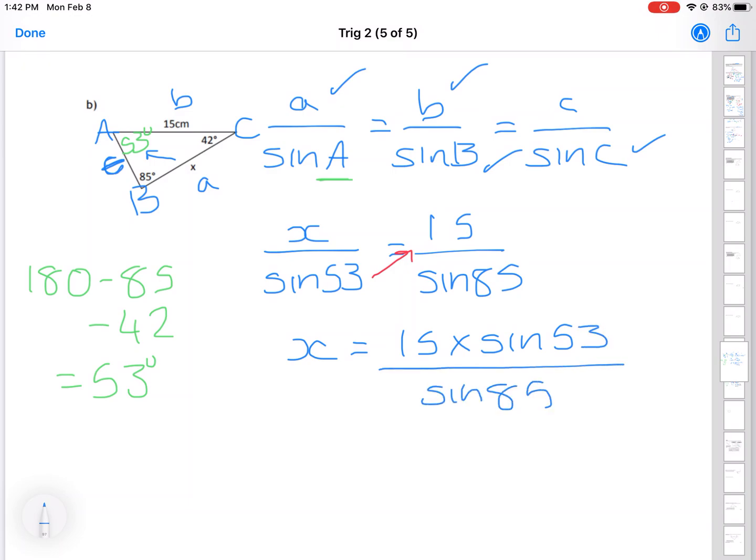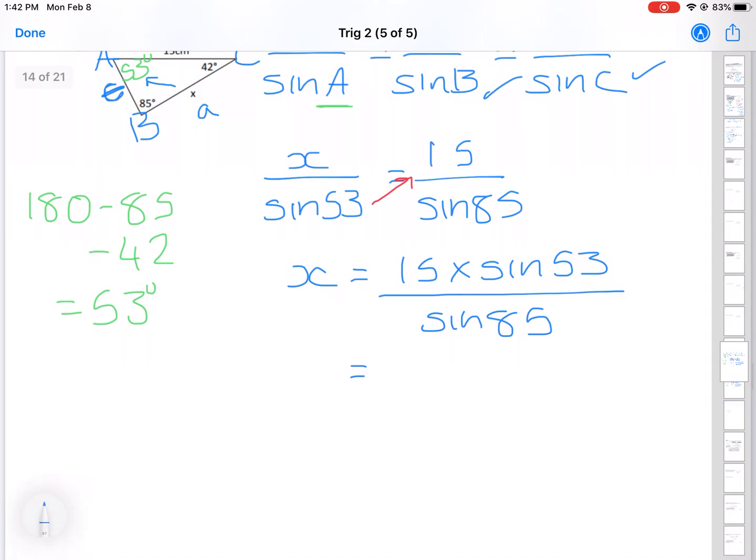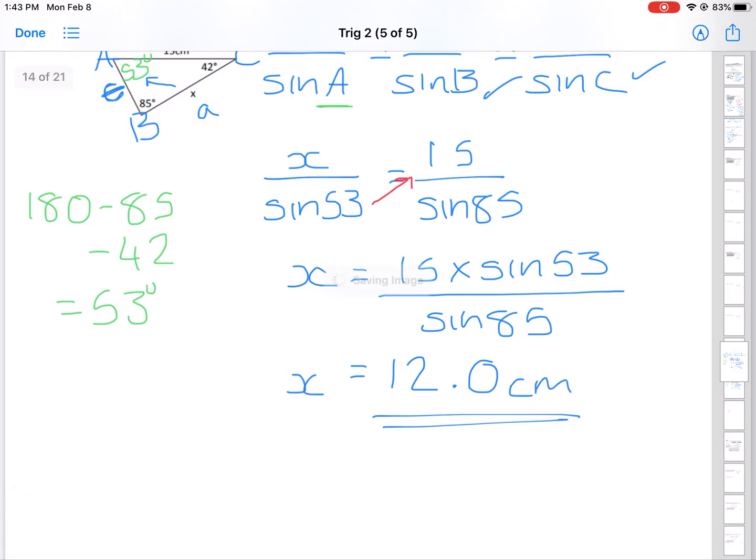Now there's a lot of s's for the sines and 5s for the number 5, so just be careful that you can distinguish between those. So it's 15 times sine 53, hit equals, and then divide that by sine 85, and we will get 12.0, so we don't need to have the 0.0 then in, to one decimal place. That will be the size of x.